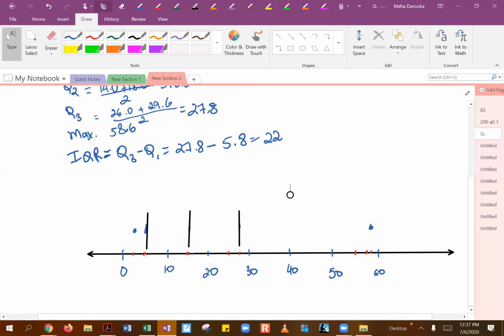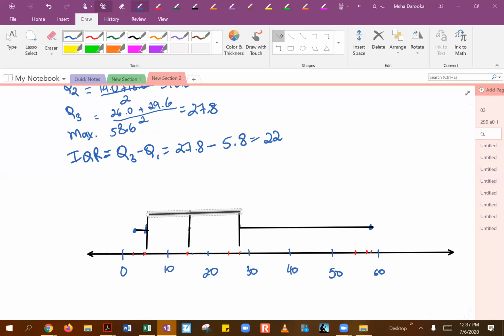So this will form our box. We will need to do a horizontal line, which will go from quartile 3 to our maximum value. We would need another horizontal line, which would go from quartile 1 and the lowest value. And then complete the box over here.